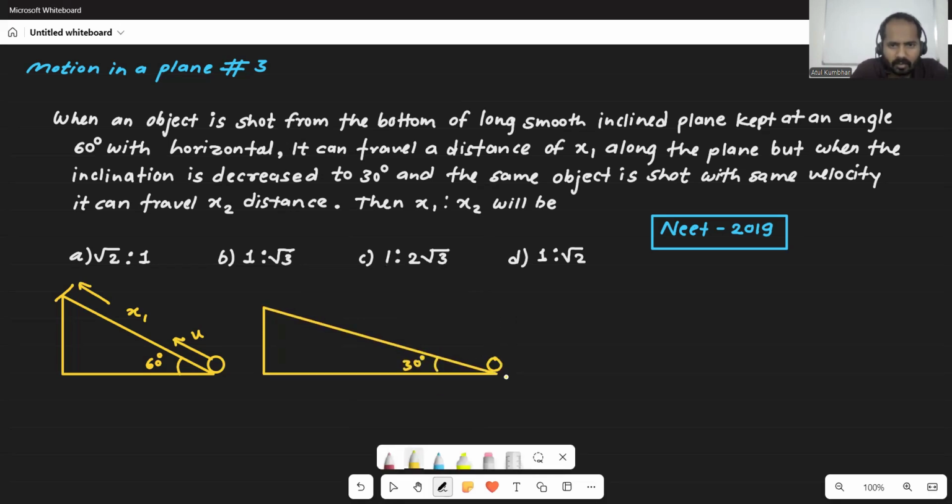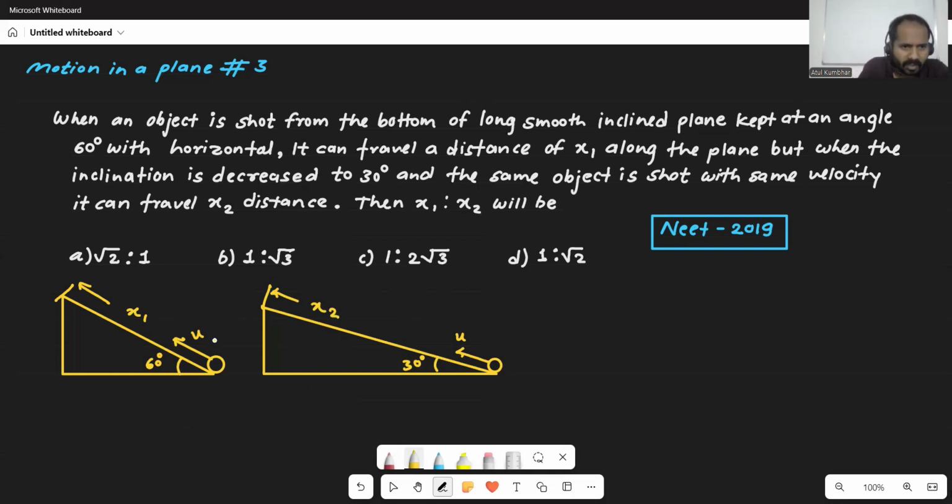And the same ball is thrown with the same velocity, that is u only. Now it covers the distance x2 here. So we need to find out the ratio between x1 and x2.